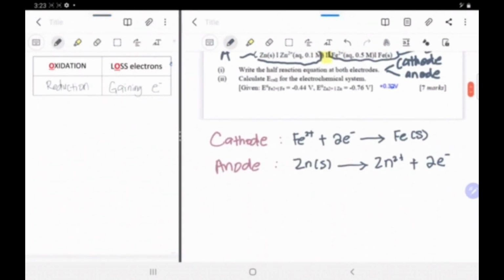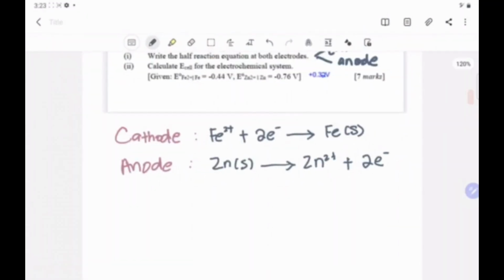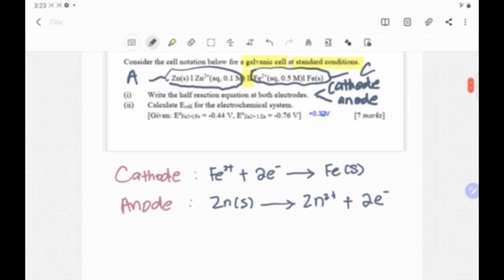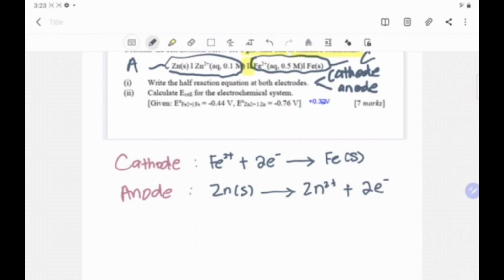The second part asks us to calculate E cell for the electrochemical system. This question is so simple.